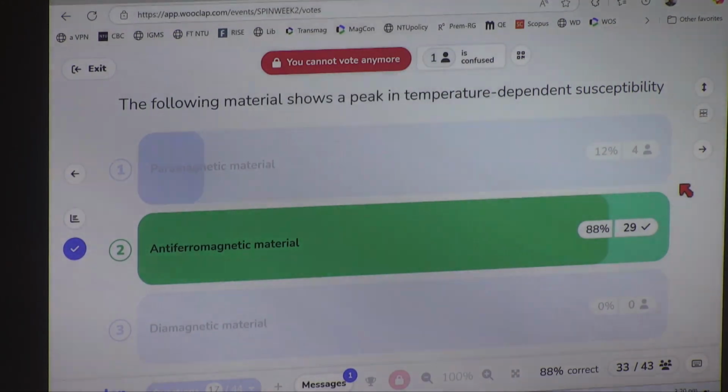Okay, so far we have learnt how the MH curves of different materials like paramagnetic, diamagnetic and antiferromagnetic materials will look like, but we haven't learnt how the MH curve of ferro or ferrimagnetic materials will look like.